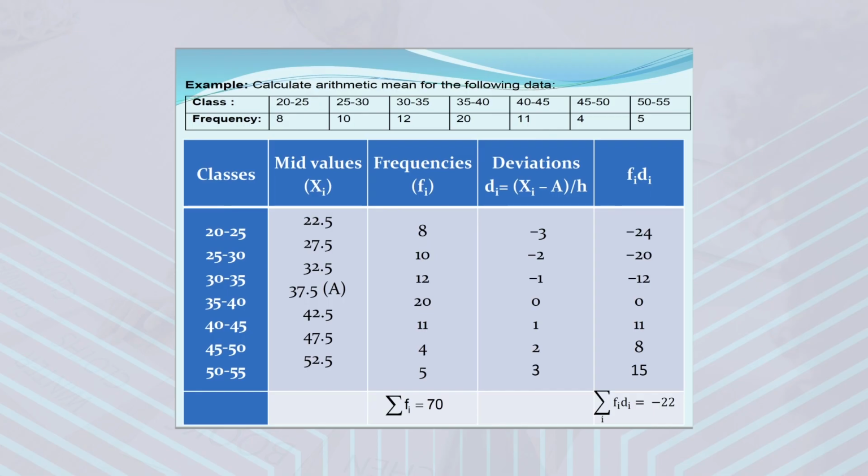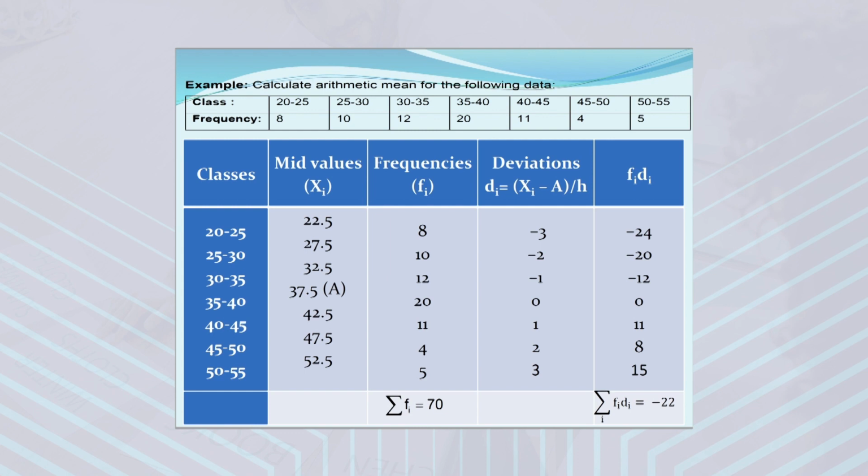Let us take the example for understanding. The 7 classes are given over here. We have calculated the mid values in the second column. Out of these mid values, one value has been chosen as assumed mean, that is 37.5.